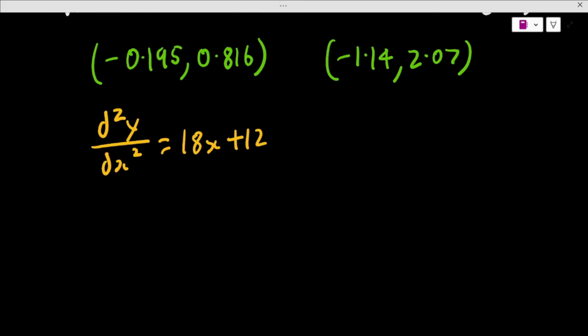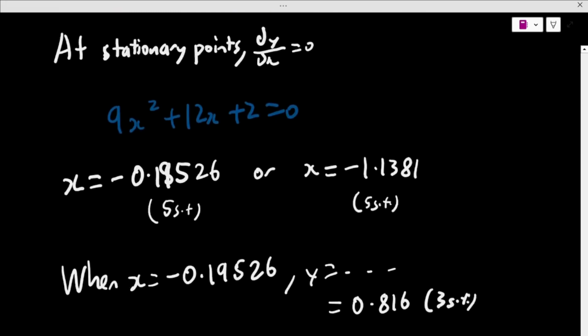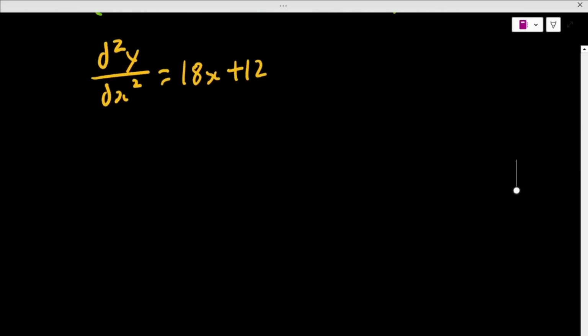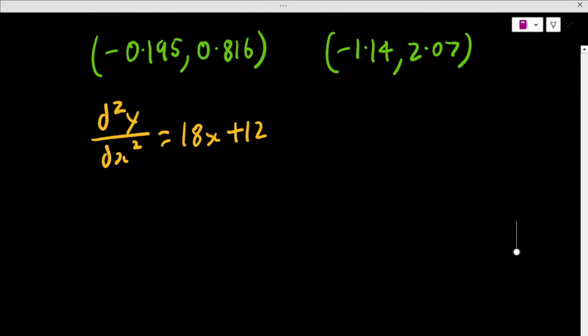Alright, what do we need to do now? We need to substitute the value of x into this and see whether d2y/dx squared is greater or less than 0. So let's do that.